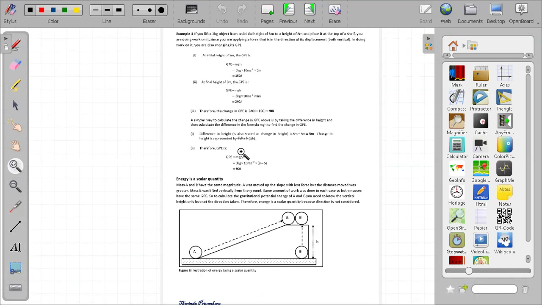Energy is a scalar quantity. Whether you go by this path or that path, it has the same energy because of the mgh difference. You only consider the vertical height, whatever the path, up and down or otherwise, so energy is a scalar quantity.